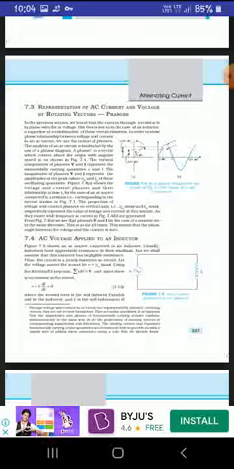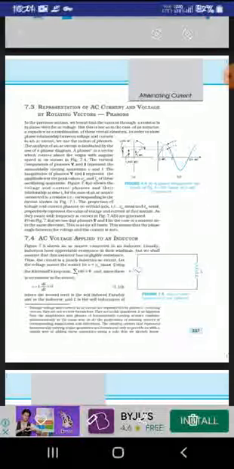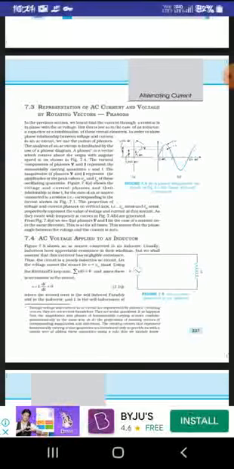In order to show the phase relation between voltage and current in an AC circuit, we have to use the notion of phasors. The vertical components of phasors V and I represent the simultaneously varying quantities V and I, and the magnitudes of phasors V and I are respectively the amplitudes, the peak values Vm and Im, as they rotate with frequency omega, as shown in figure 7.4.